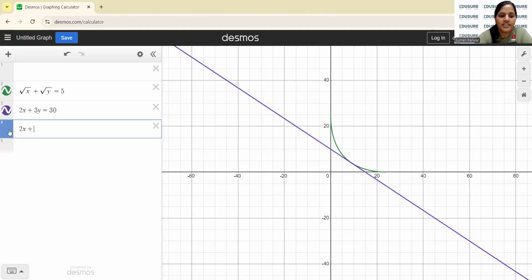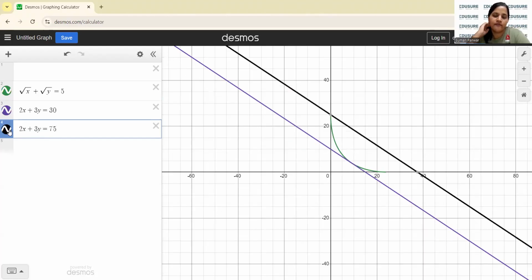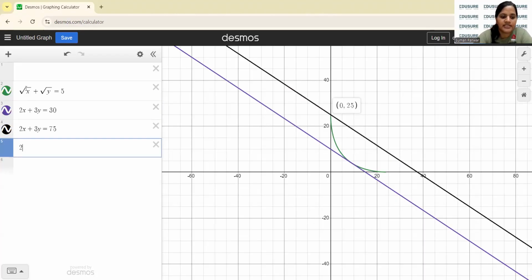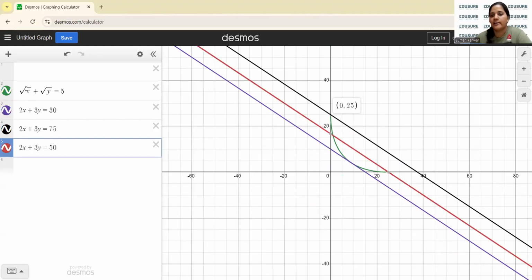If we plot 2x plus 3y equals 75, we notice that we are getting a maximum value at (0, 25). And similarly, we should see how our graph of 2x plus 3y equals 50 looks like. That is our red line.